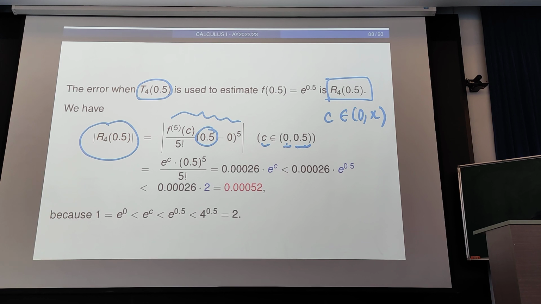So with this information, let's try to estimate this remainder. You can do the calculation precisely, and of course the Taylor remainder depends on C, right? And we want to see the power of e power C. Here C is bounded above by 0.5, so you have this inequality.